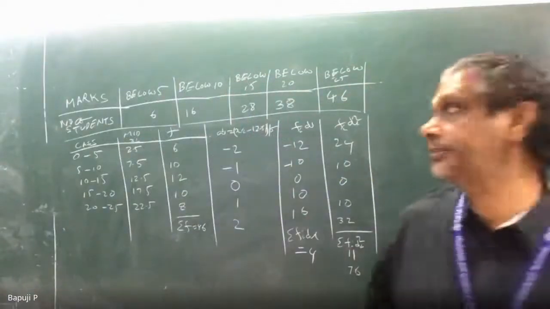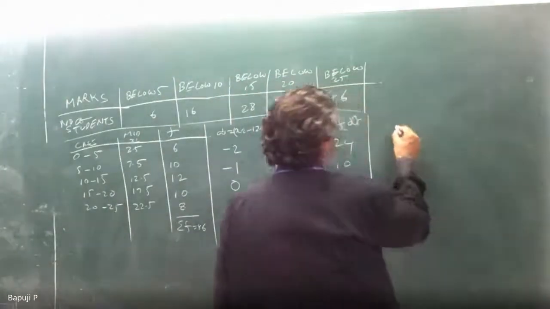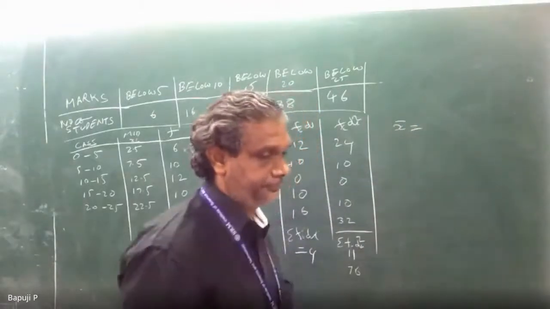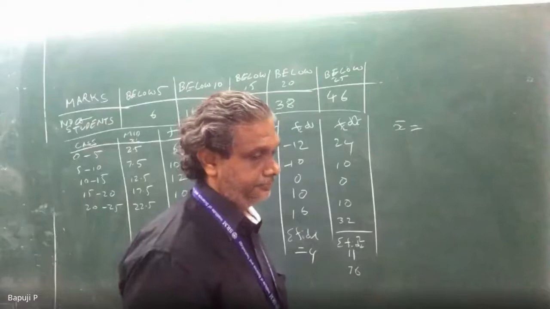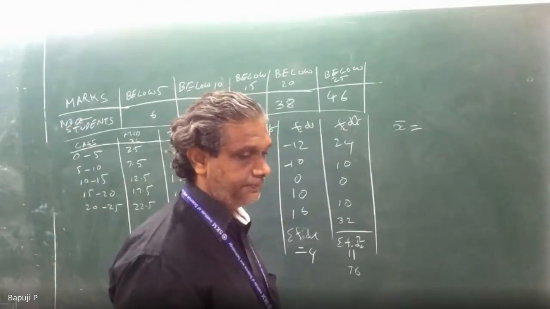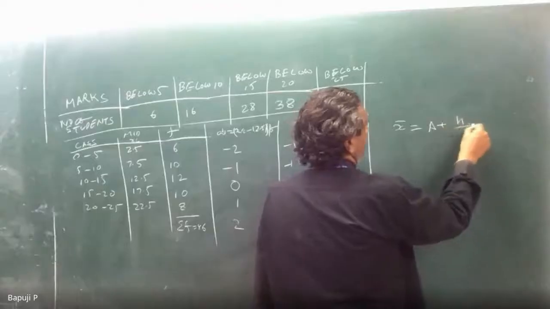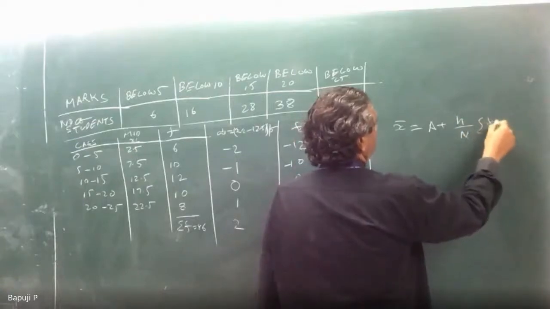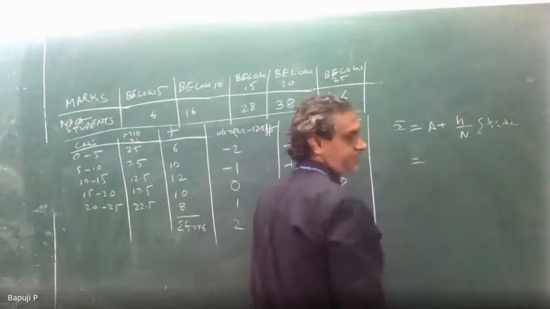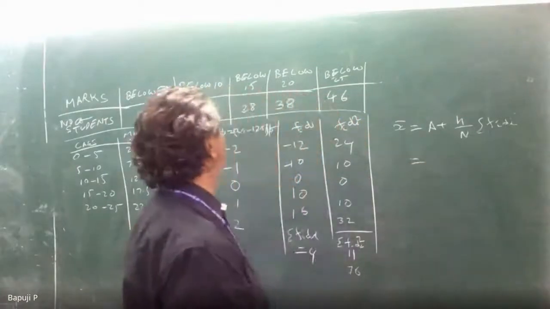Now what is my x bar formula? Mean. What is x bar? A plus h by N sigma fiDi. Who is my A? 12.5.